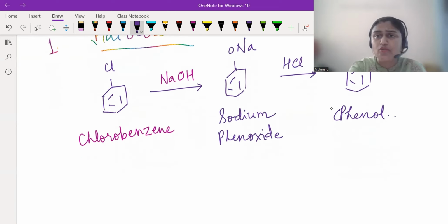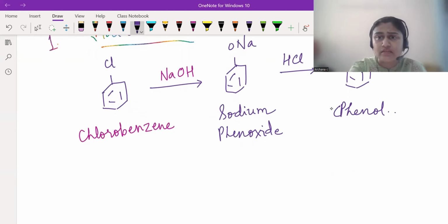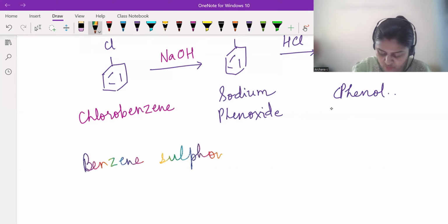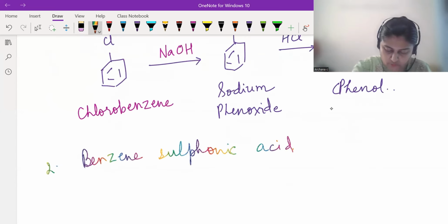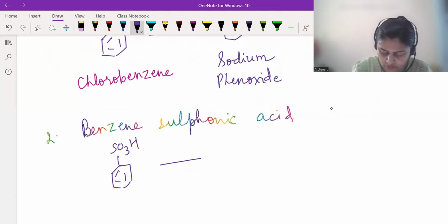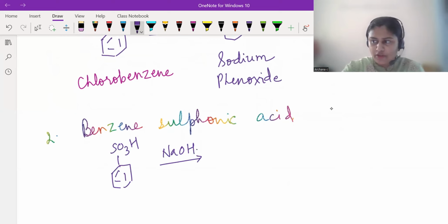We can also obtain sodium phenoxide from benzene sulfonic acid as follows. So you have benzene sulfonic acid, which when treated with NaOH at high temperature, we get sodium phenoxide.